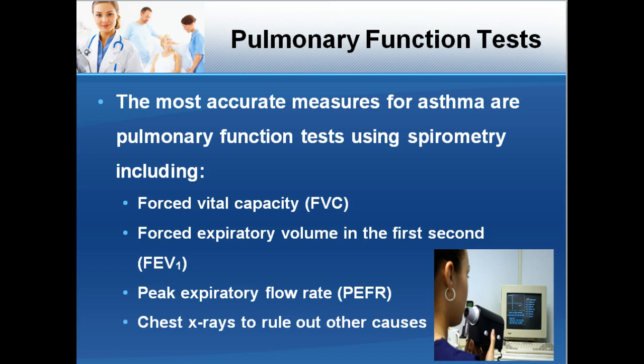The most accurate measure for asthma, the pulmonary function test, uses a spirometry, which includes the forced vital capacity, forced expiratory volume, peak expiratory flow rate, and then of course they always do the chest X-rays to rule out any other types of causes.